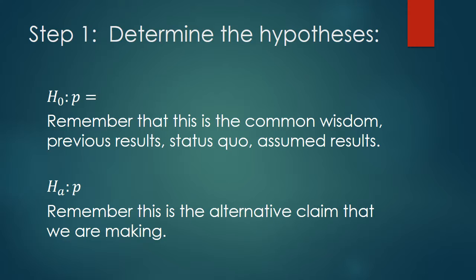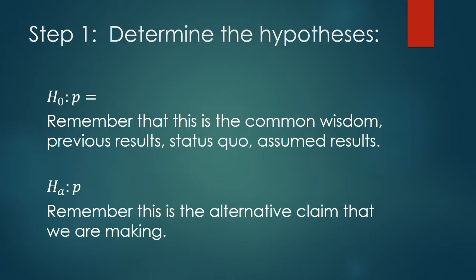So here are the hypotheses. Your null hypothesis is that the proportion is equal to some value, and that value comes from common wisdom, previous results, status quo, assumed results, all that good stuff. In our case, the problem we're given claims that 30% of teenage girls smoke to stay thin.